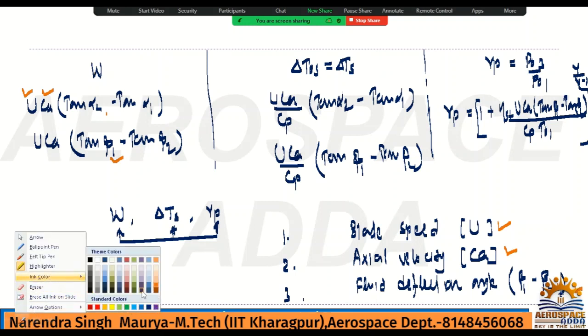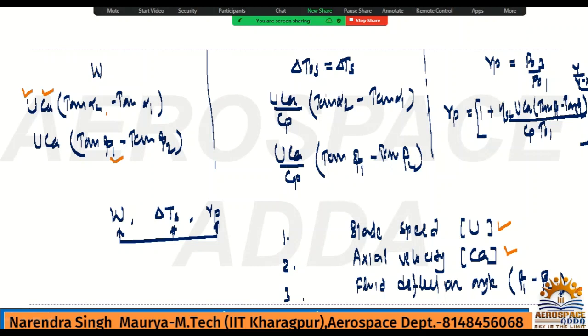Now delta Ts, which is the temperature rise. Suppose a theoretical question is given on how to raise the stage temperature. You have to increase U, so this is also depending. Stage temperature rise: axial velocity is also depending on it, and the same thing beta 1 and beta 2 here also.